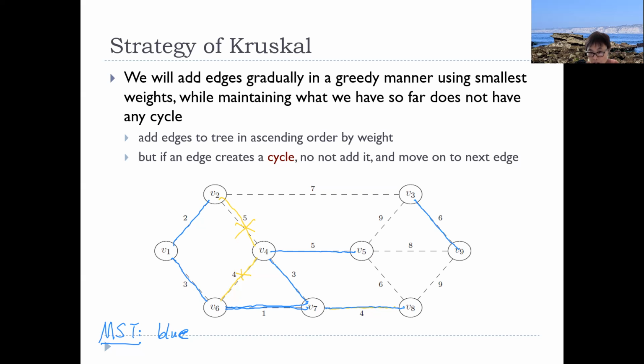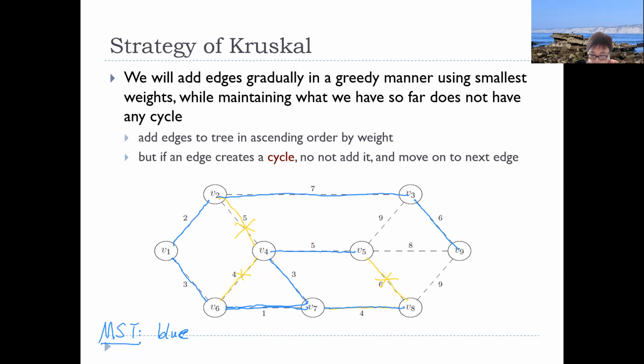The next one is V5, V8. This one forms a cycle in the tree. See, this one forms a cycle, which is V5, V4, V7, V8. Okay, so this cannot be added. Okay, and the next one will be weight 7, and this is fine. It doesn't form any cycle.